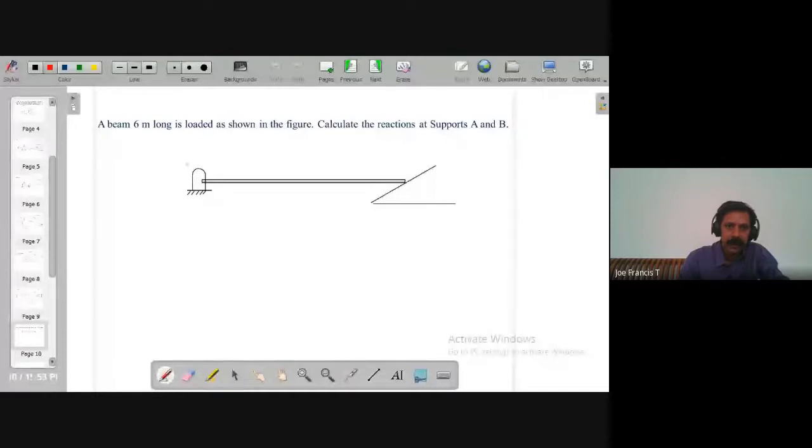I'll put A here, so this is A and this is B. Beam AB is having a hinge support at A and a frictionless support, but inclined, at B.